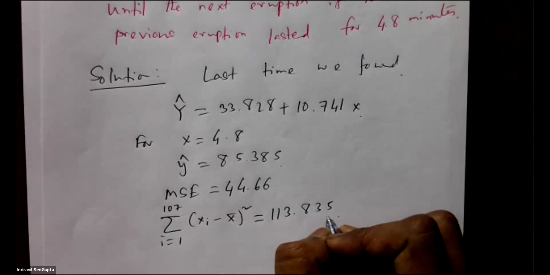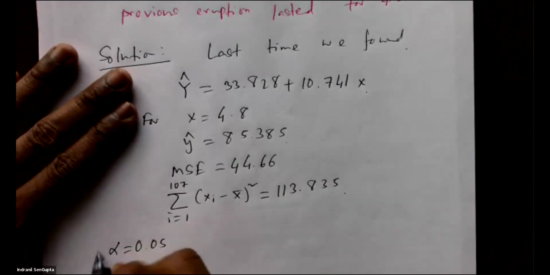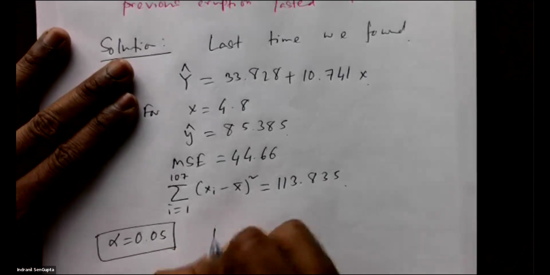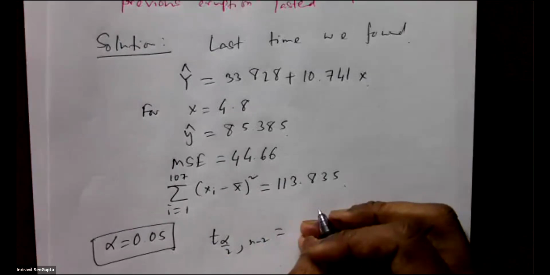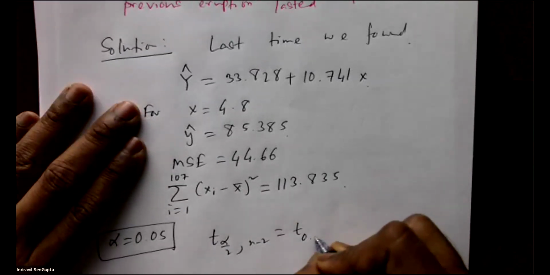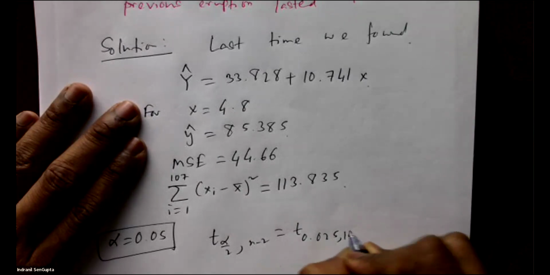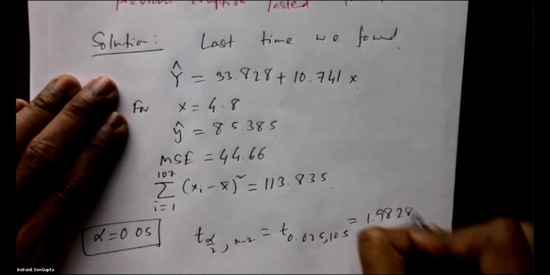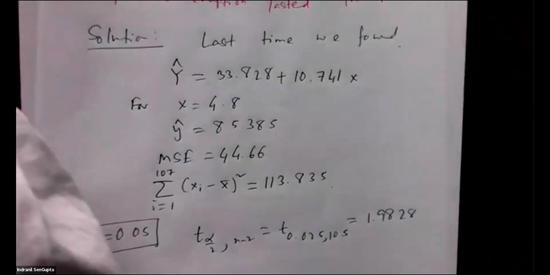Okay. And also with the significance level alpha of 5%, t of alpha over 2, n minus 2 is really t of 0.025, 105, which is once again 1.9828. Everything from the last problem carries forward. Okay.